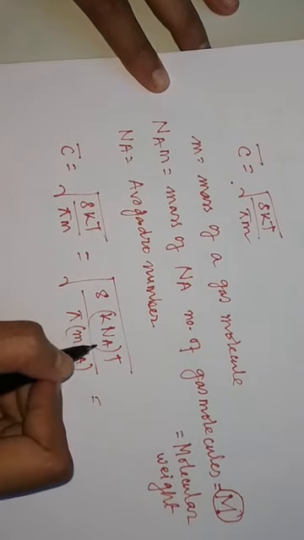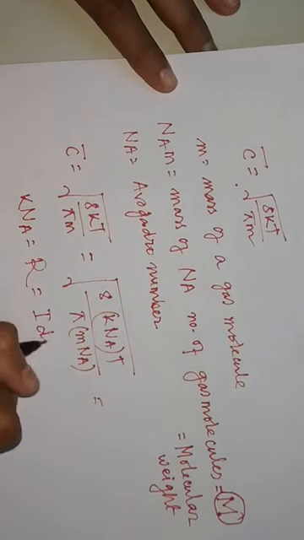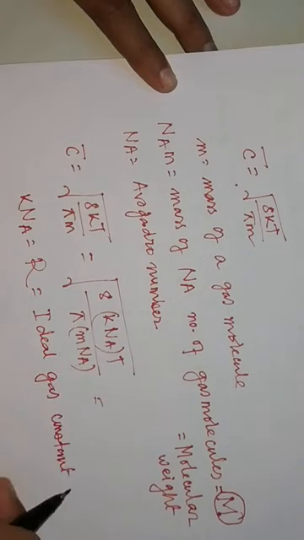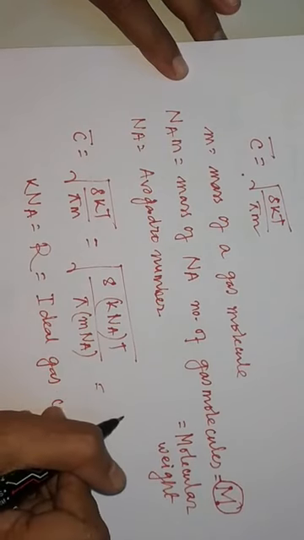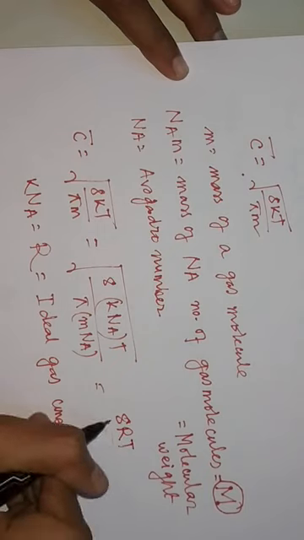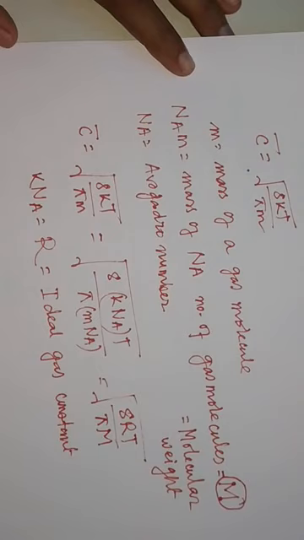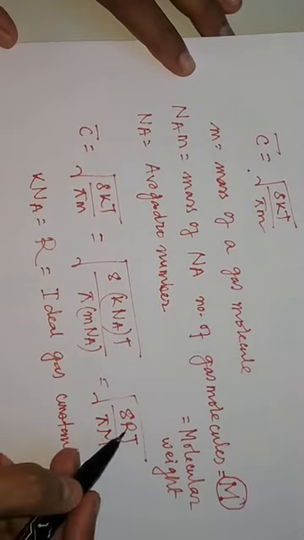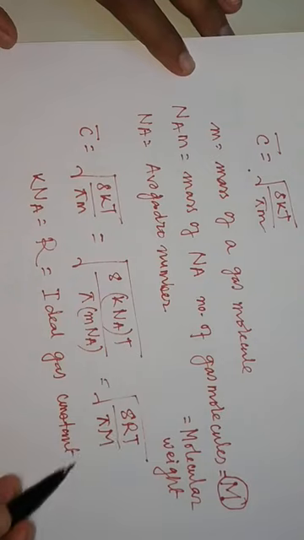Now k Na is R. What is R? R is the ideal gas constant, which you already know. So it is 8RT by pi M. Thus we have a new expression for the average speed, root over 8RT by pi M, which is expressed in terms of the ideal gas constant and the molecular weight of the gas.